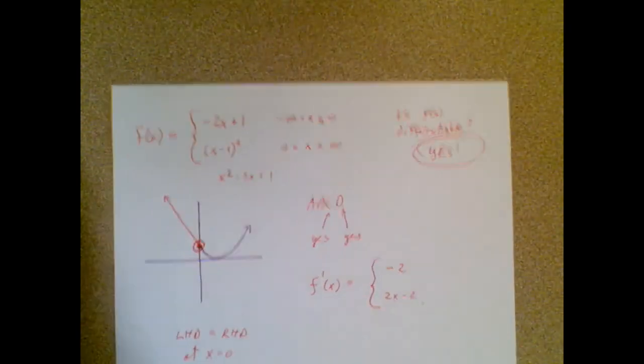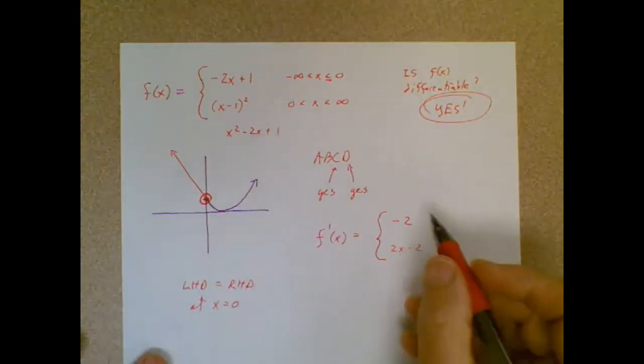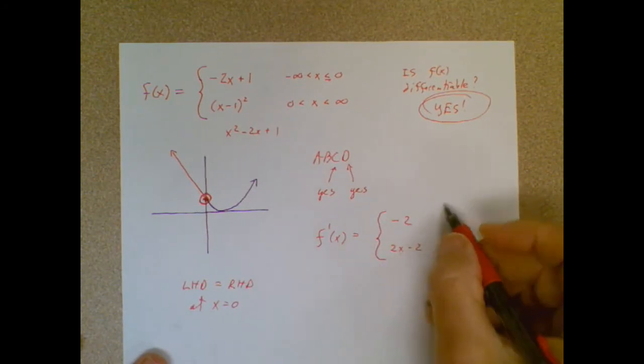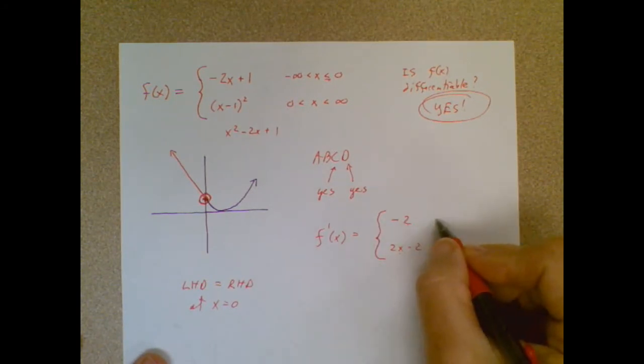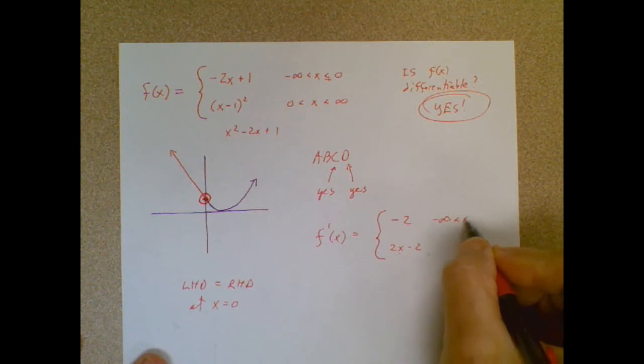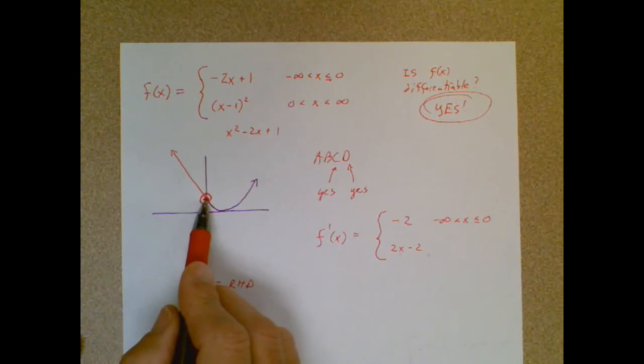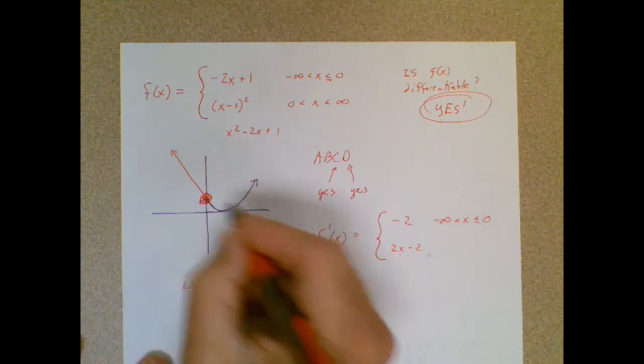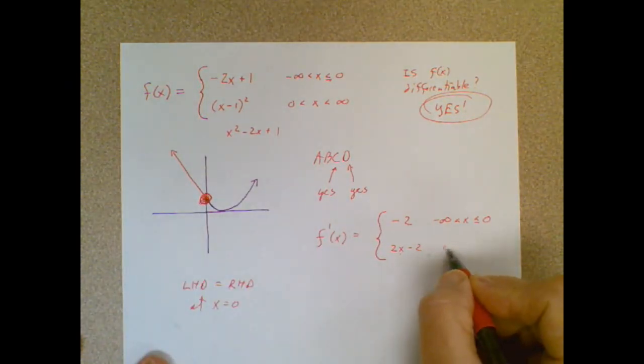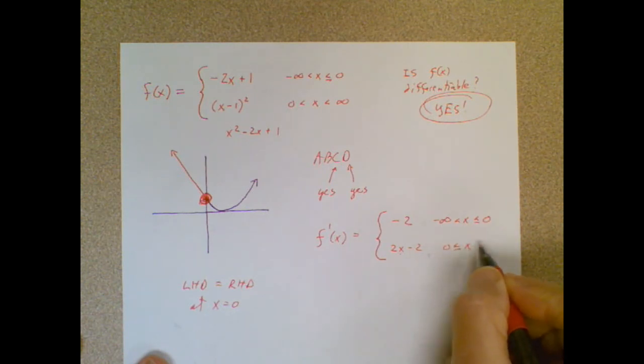If I go back to that problem we were working on before, and I didn't do this, so I should do this, the derivative would be negative 2. I'm going to include 0 because we did have a derivative value at 0 when that was filled in. And then over here, if I feel like it, I can include it again.